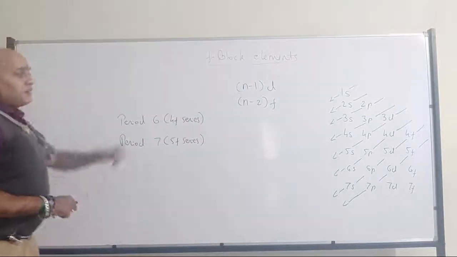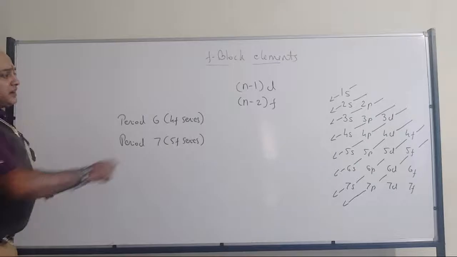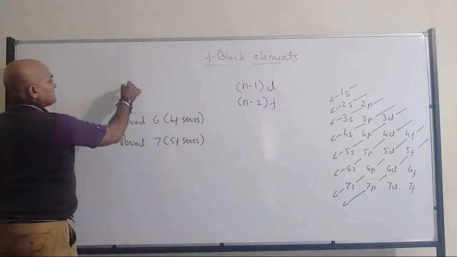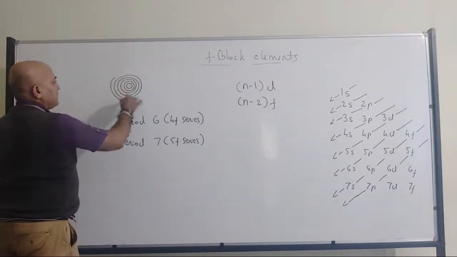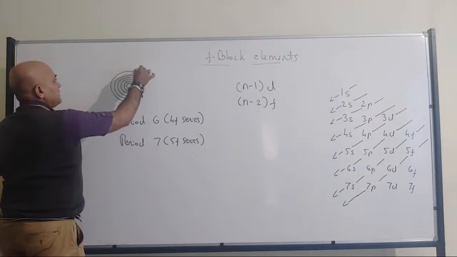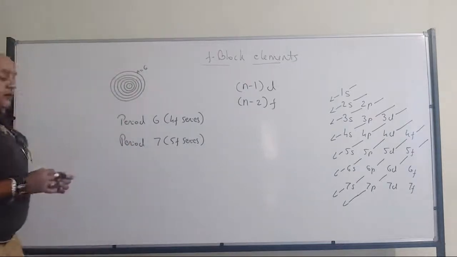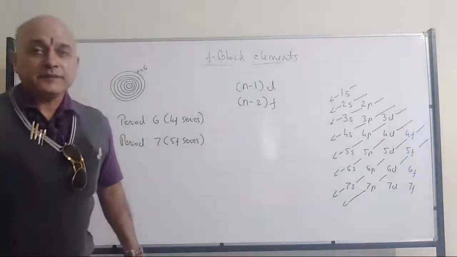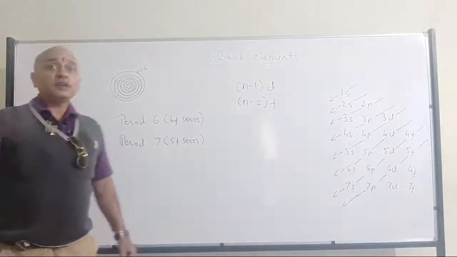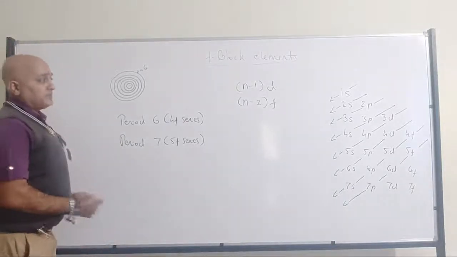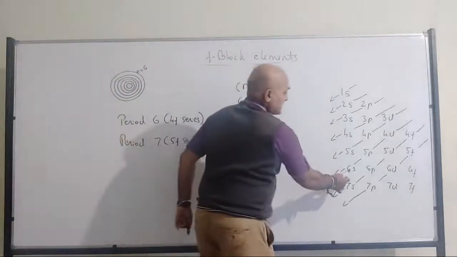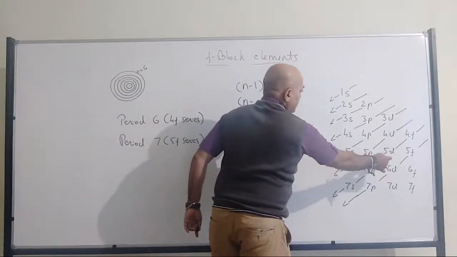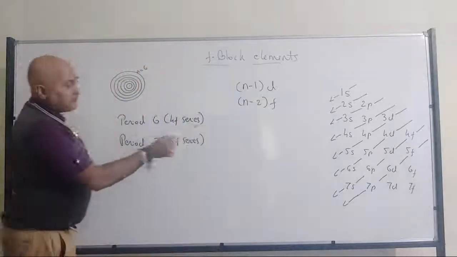Now, if I go with the 4f series, this is element 1, 2, 3, 4, 5 and 6. That means n is equal to 6 for the outermost shell. After 6s comes the 5d, 4f and 5d.